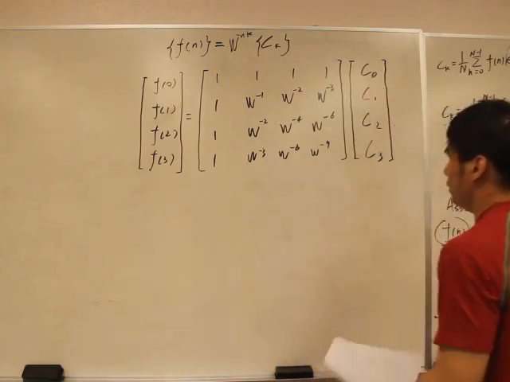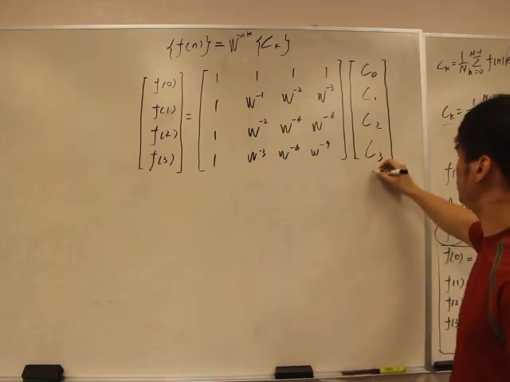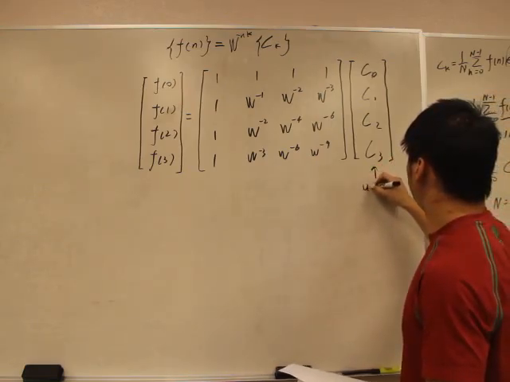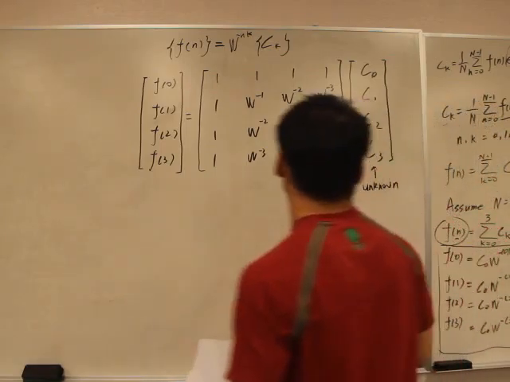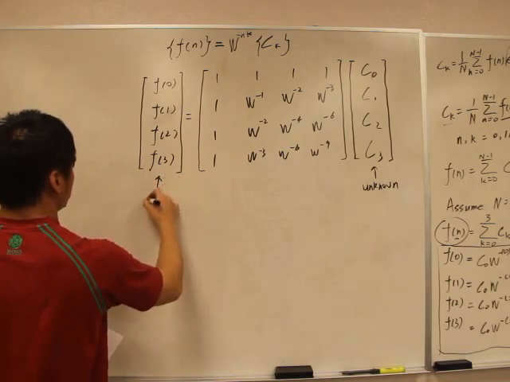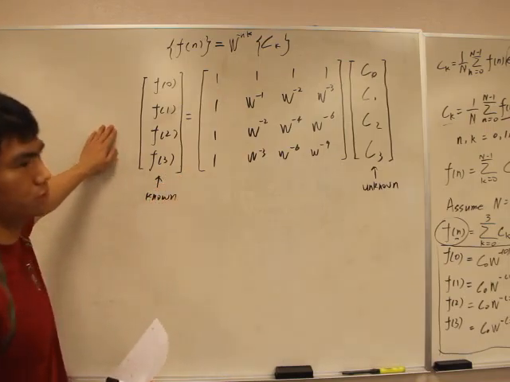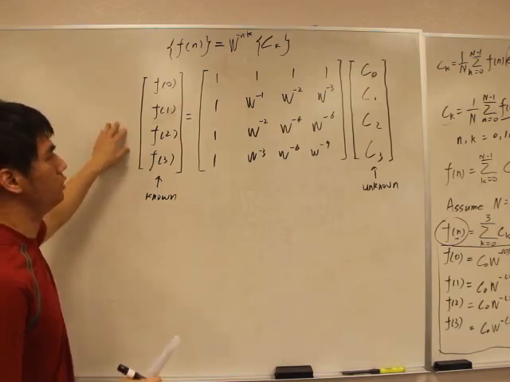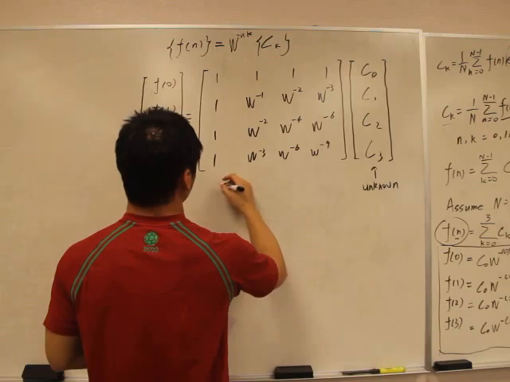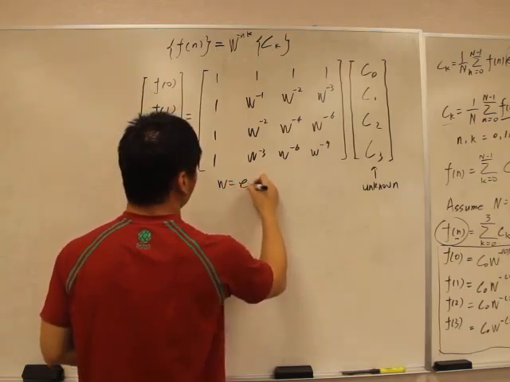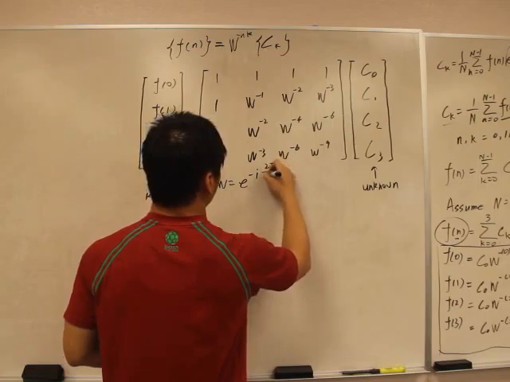So now here, these are the unknowns in the equation, and these are the knowns. Once again, because we measured these values at the discrete points, that's why we know it. And this we call W is equal to e to the negative i 2 pi over n.